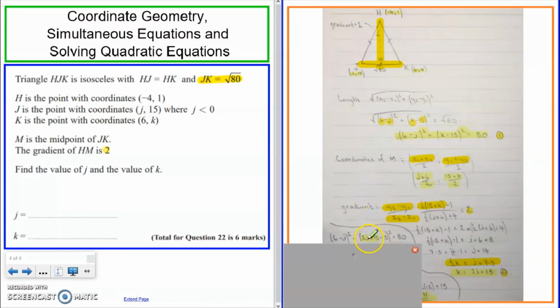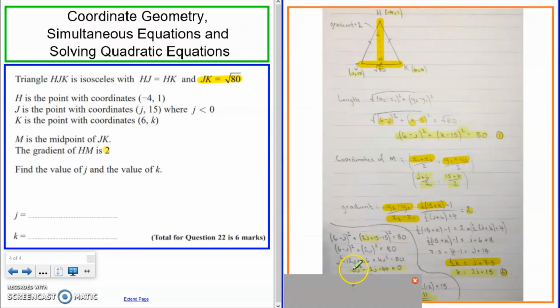I've substituted equation 2 into equation 1, then I've gone ahead and simplified, then expanded those brackets that are squared, and then brought everything to the same side, and I'm left with a quadratic equation: 5j squared minus 12j minus 44 equals 0.